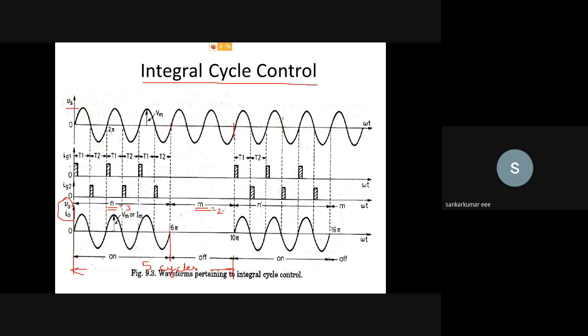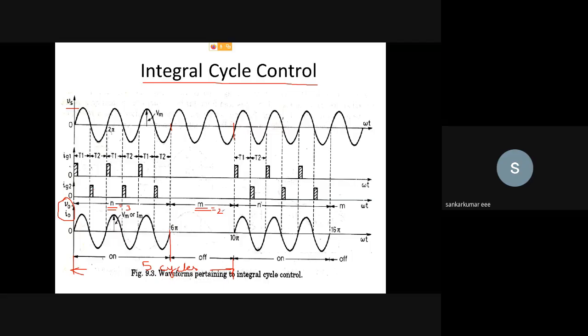Each cycle will be of 20 milliseconds, and here we are turning off the devices for 20 plus 20, that is 40 milliseconds. The 40 milliseconds will not be sensed by the high mechanical constant loads or high thermal constant loads. So here 3 cycles it is turned on and 2 cycles it will be turned off.